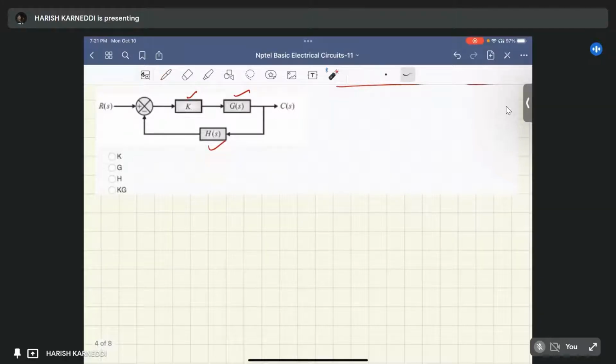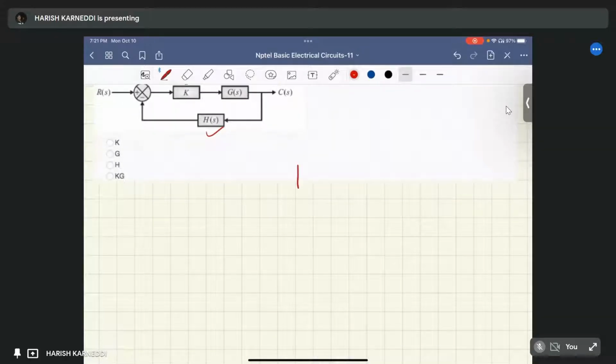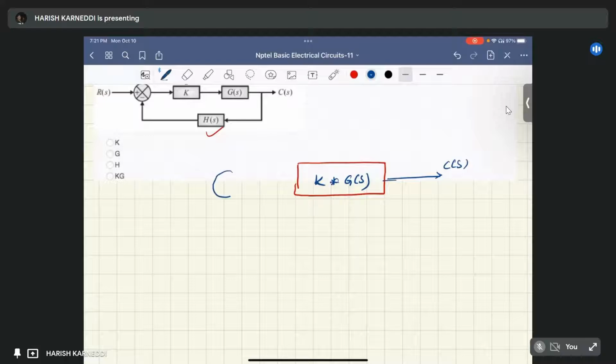Here these two blocks are connected in series, so we can multiply them. The total gain equals K into G of S. The output is C of S, and the input is from some block.